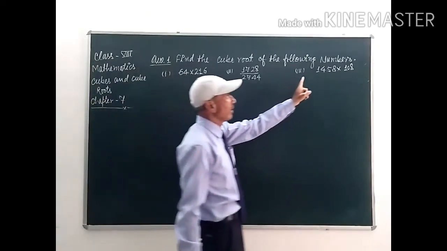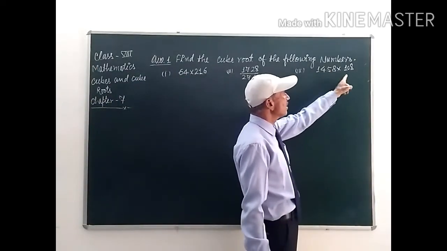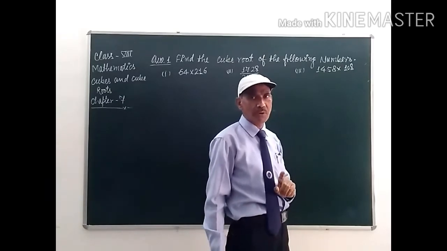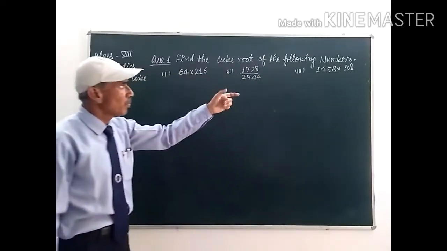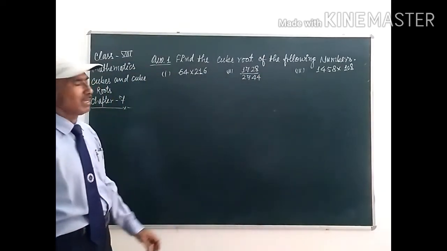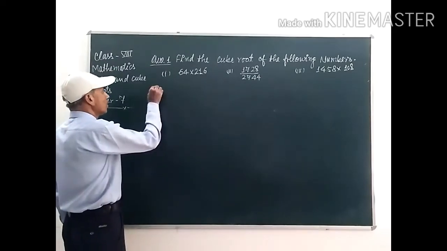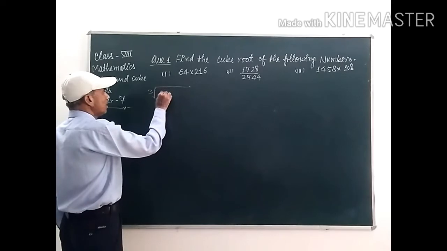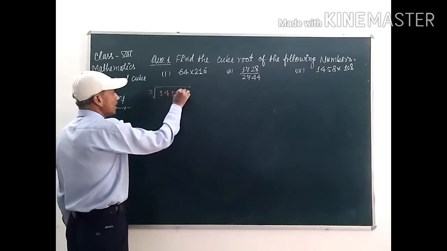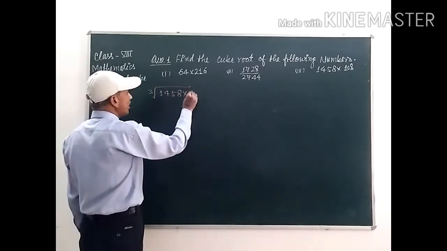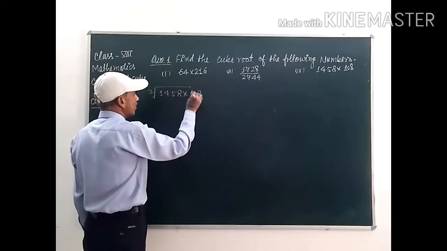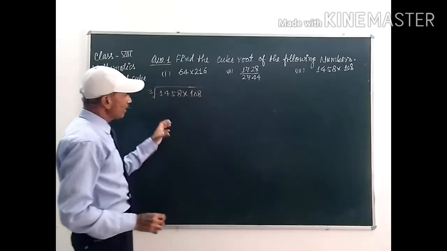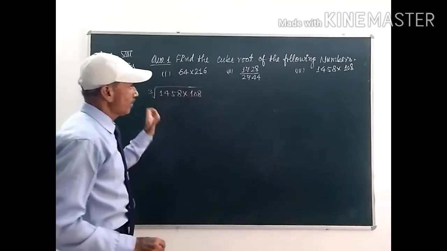After multiplying, this number will be a perfect cube. Okay, so we are going to find the cube root of 1458 into 108. Okay students, so find the prime factors of these numbers first.